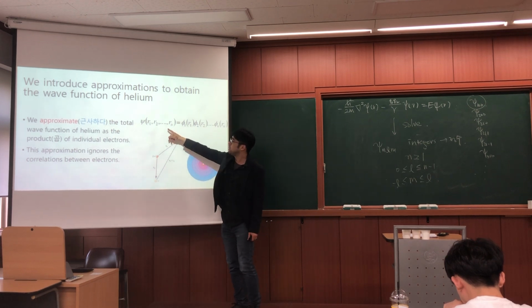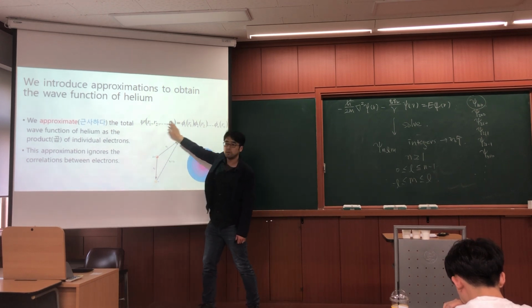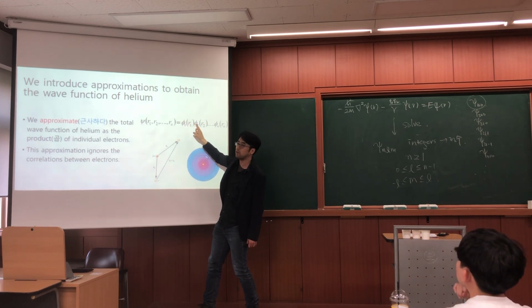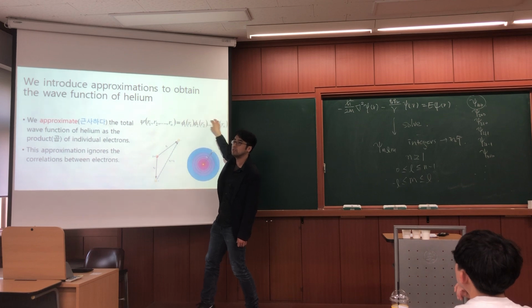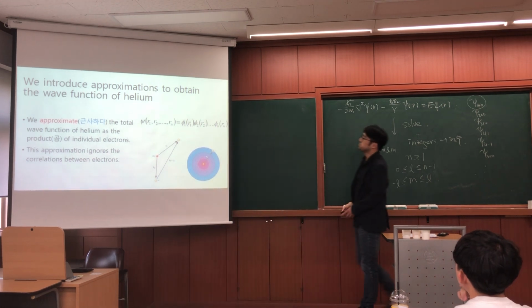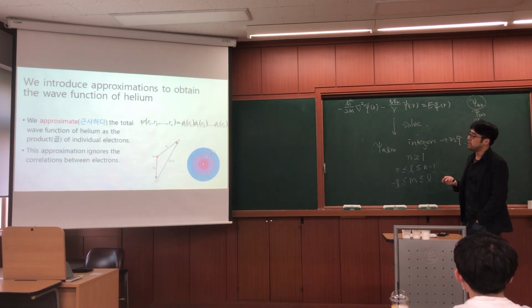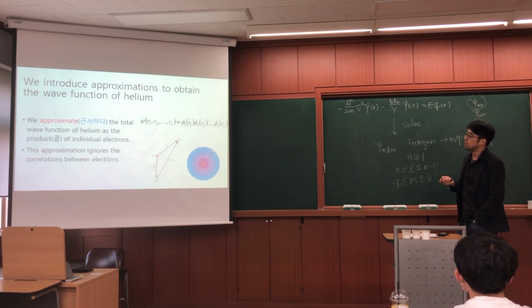So this complex function will be very similar to the product of simple equations. In other words, this approximation ignores the correlations between electrons.